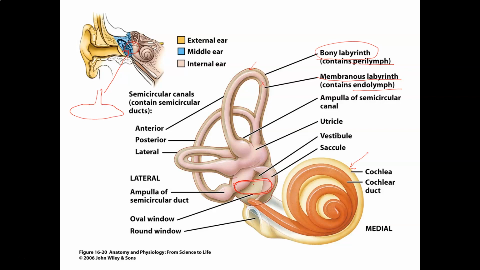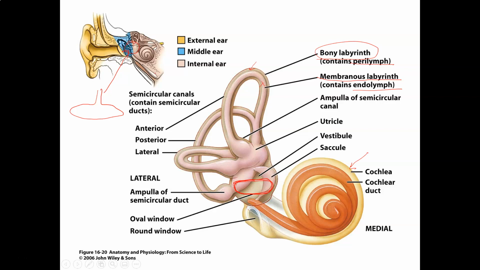And your stapes fits up right against the oval window. So the base of the stapes covers this oval window, which you could think of as like a thin, kind of flexible window. And on the other side of it is fluid. Okay, so this is going to be important for how this works.